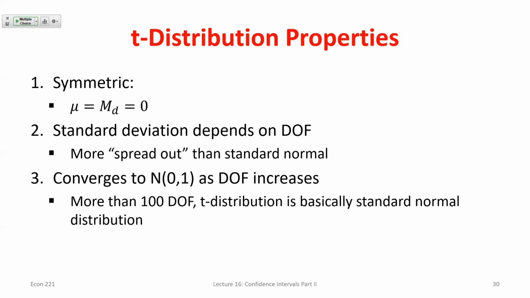And as we go to higher and higher sample size, the variance is going to get closer and closer to 1, or it's going to become closer and closer to a standard normal distribution. So in practice, we'll take a look at the table in a second, but usually if we're working with anything that has degrees of freedom of 100 or higher, we can just use the normal distribution as a very close approximation.